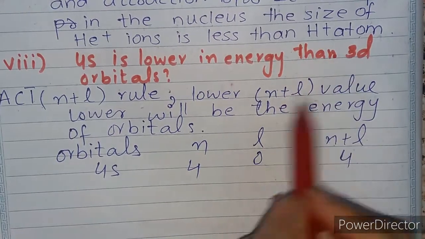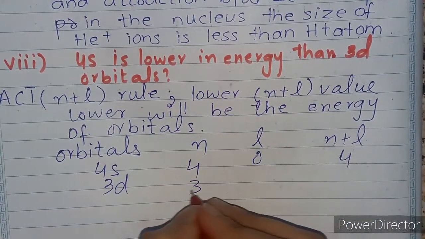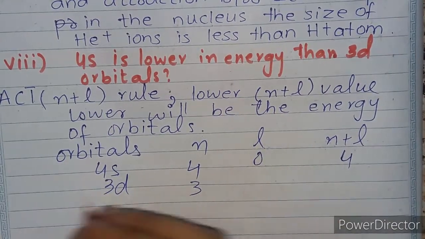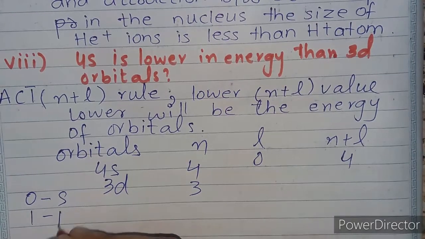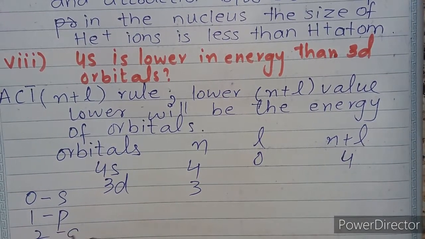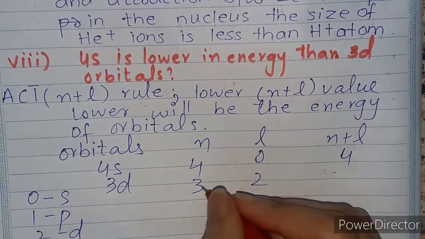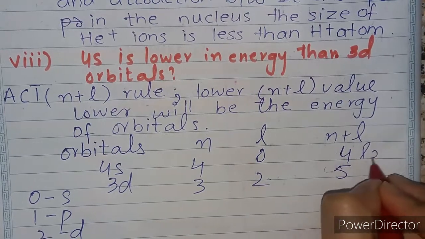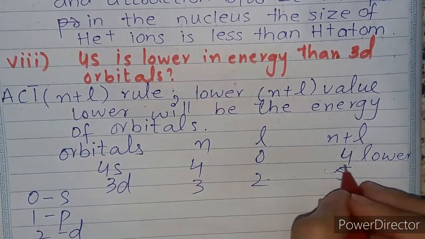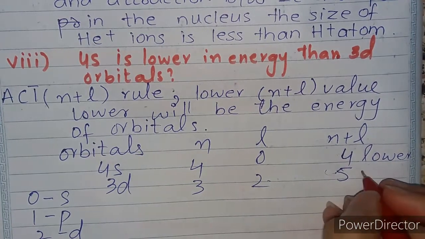And in the case of 3d, the value of n is 3 and the value of l would be, for 0 is s, 1 is p, 2 is d. So the value of l is 2, 3 plus 2 is 5. So we have lower n plus l value, so it will have lower energy than 3d.